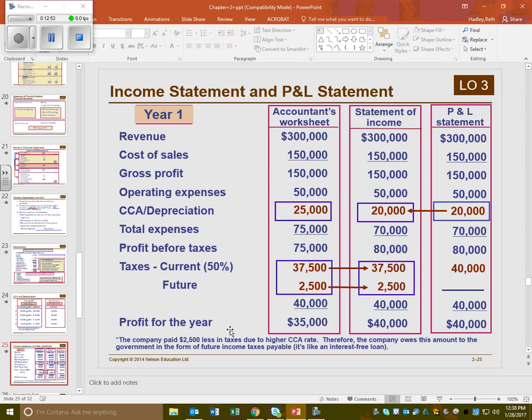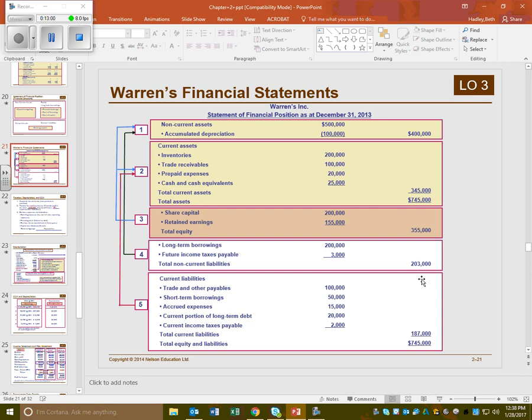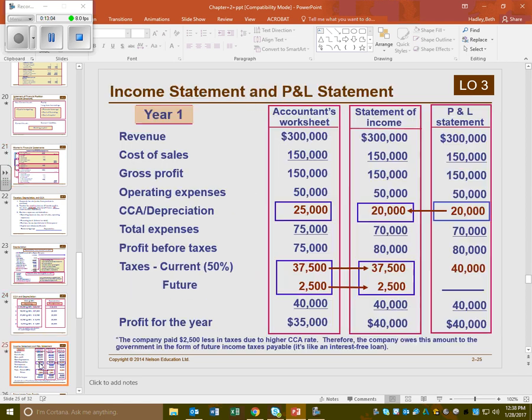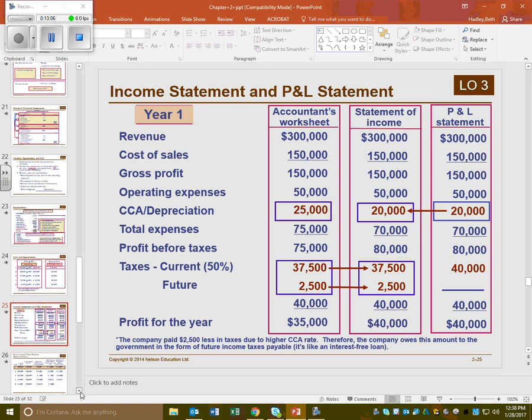So the future amount of the 2,500, that is what is going to show up right here.